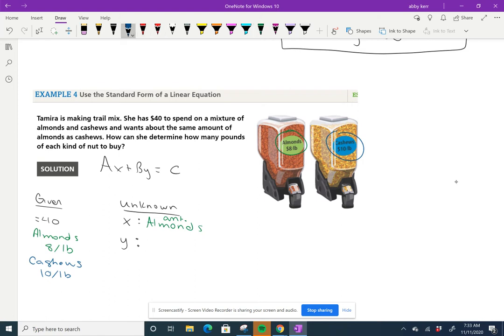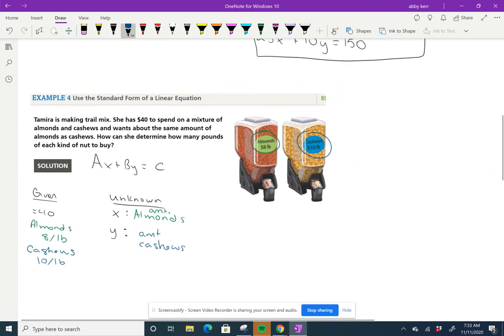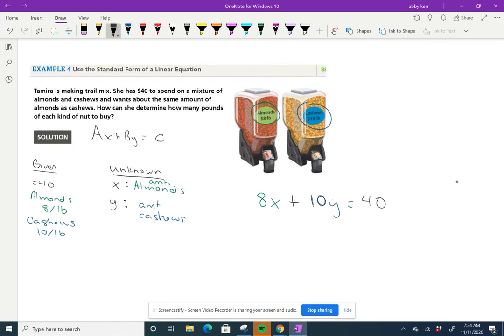And then my amount of cashews for my y. And then it's just from there, you have to match up your unknown with your given. So I know that it's $8 per pound times the amount of almonds plus the 10y. And then she only wants to spend $40. So that's the equation. But now we have to solve it.